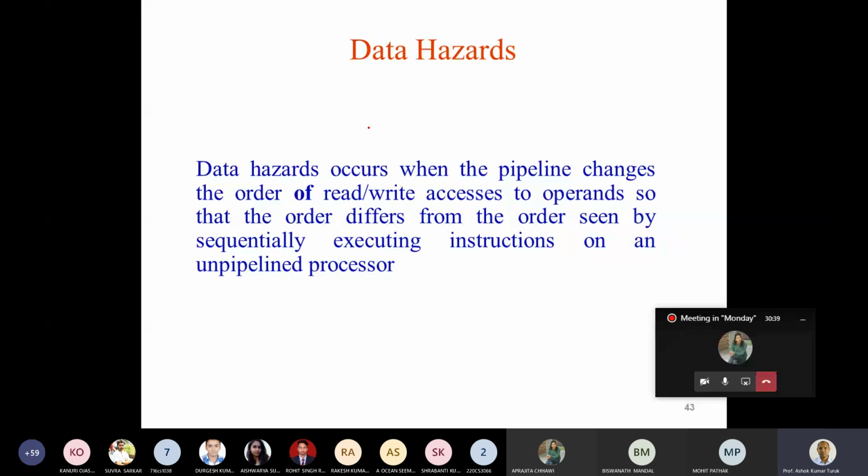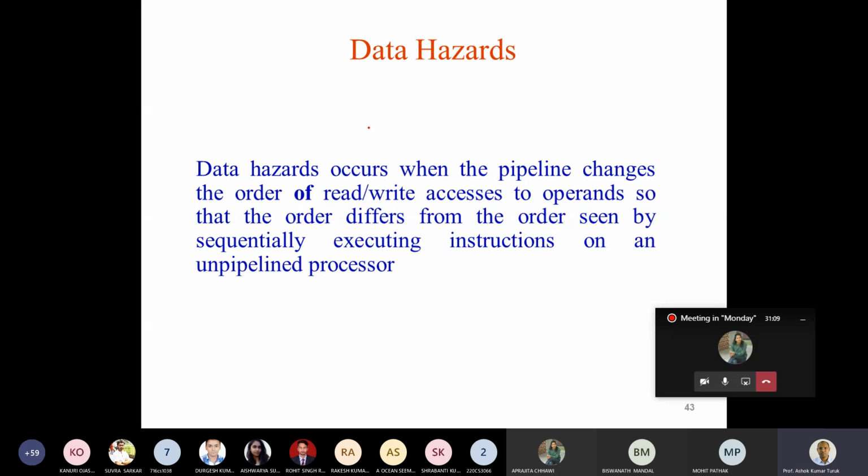The data hazard occurs when the pipeline changes the order of read and write access to the operand, so that the orders differ from the orders seen by sequentially executing instructions on a non-pipelined processor. Now let's look at what happens in a non-pipelined processor. First, an instruction executes.